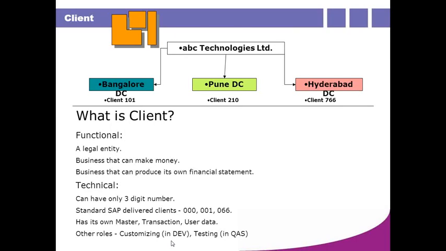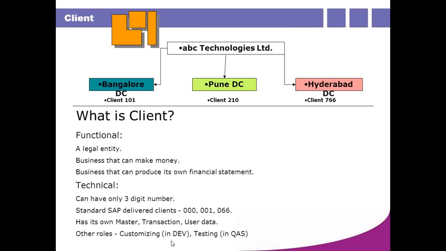We never change anything in the 000 client. And 001 is the copy of 000. Since 000 you don't want to modify, SAP is giving the copy of 000 in terms of 001, the native version.